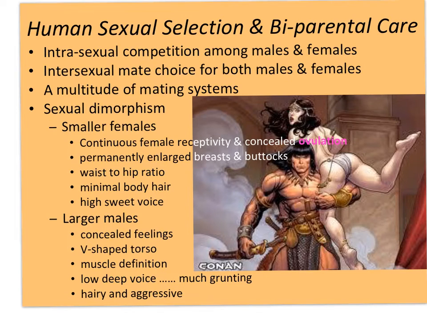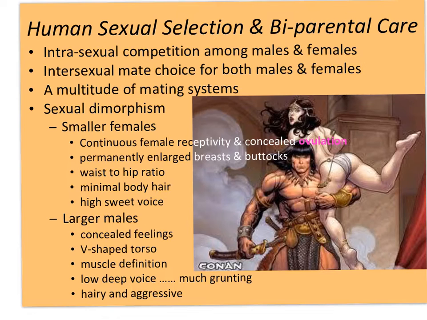Now, as I mentioned, there's all these different mating systems. There's a harem mating system called polygyny. You don't have to know that. There's also monogamous mating system, where you have one of each. That's the most common here, but if you go to Brunei, you'll find there's a sultan there who's got his own harem.